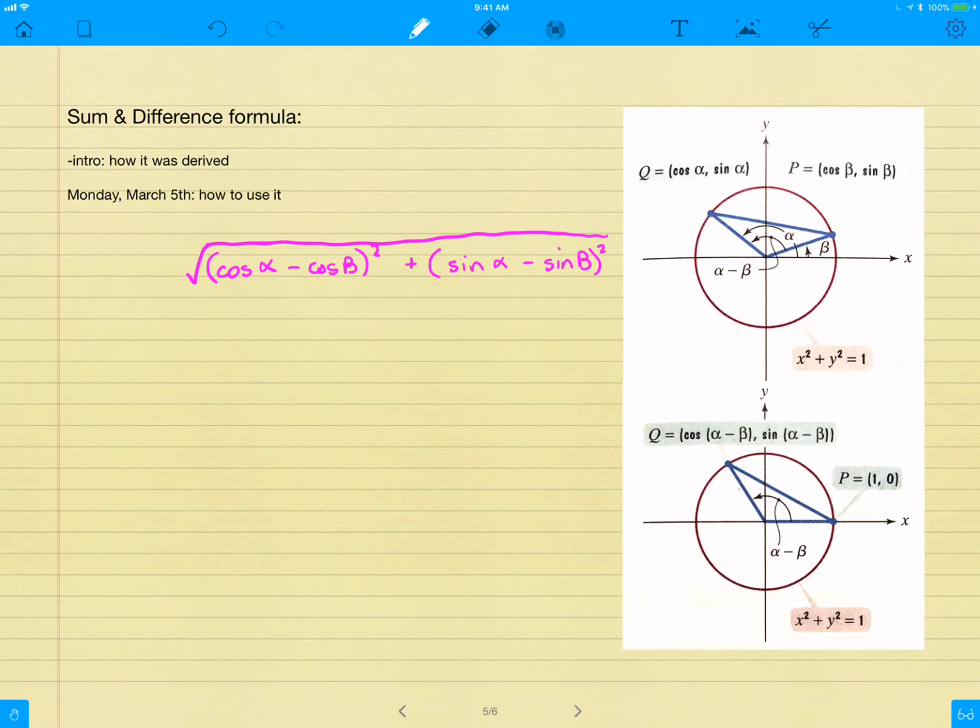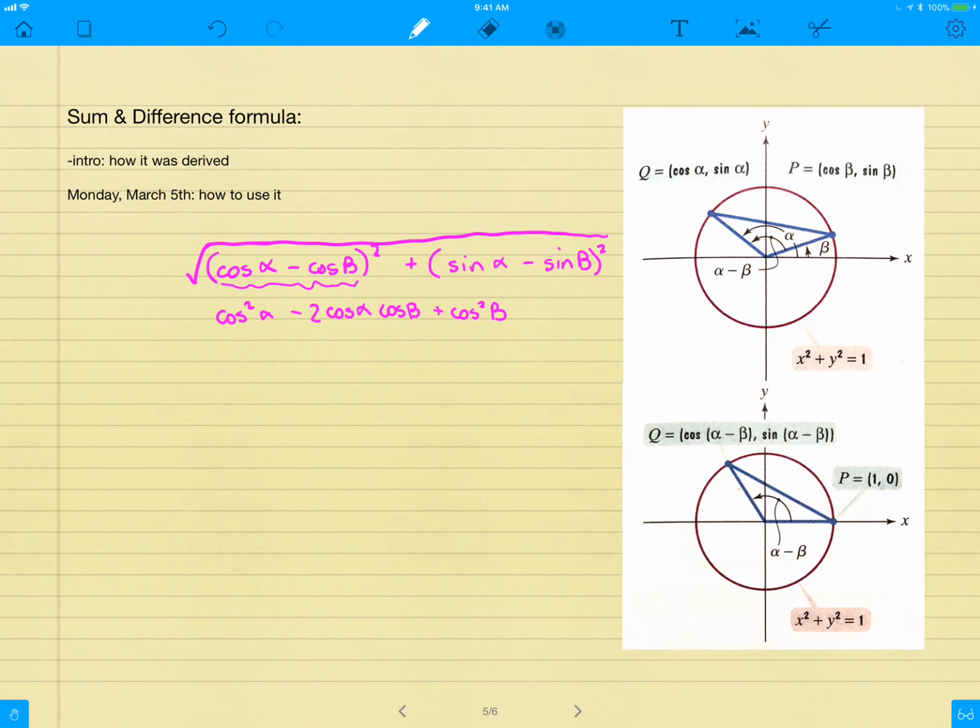Now, to simplify this, if we square and go first, outer, and last, we have cosine squared alpha minus 2 cosine alpha cosine beta, and then plus cosine squared beta. I'm putting 2 parentheses down and foiling it out.